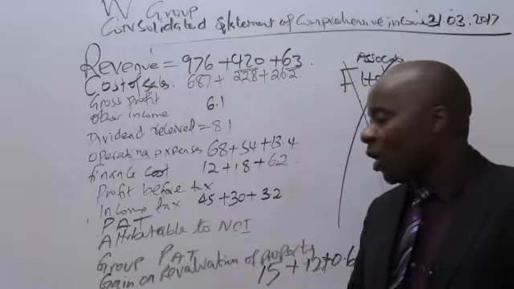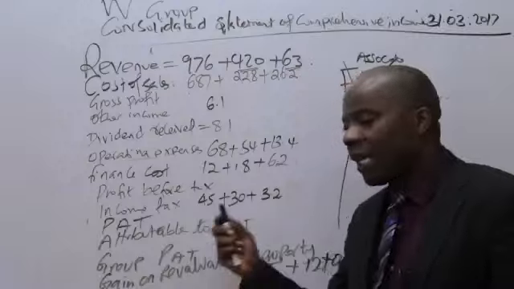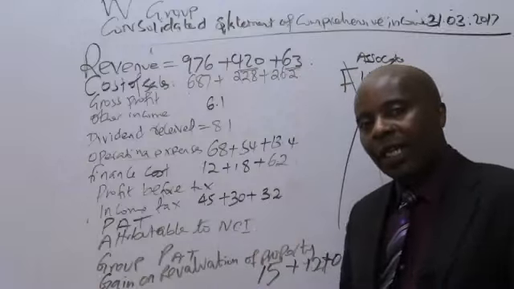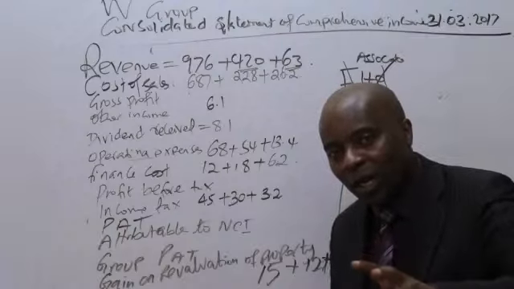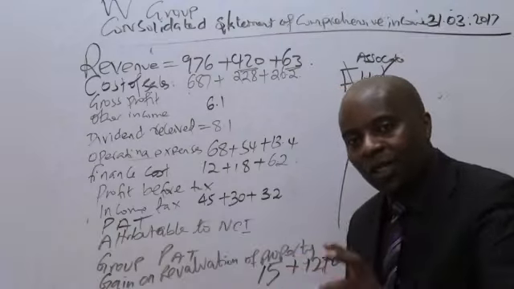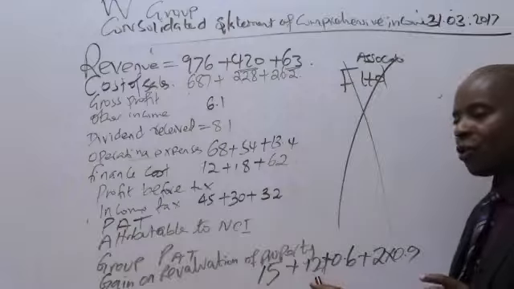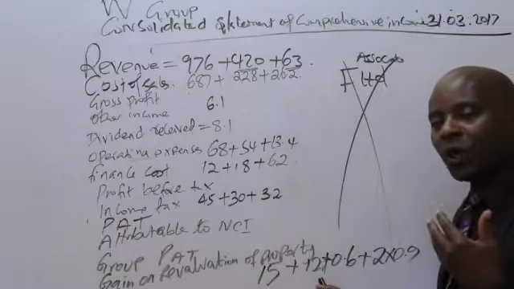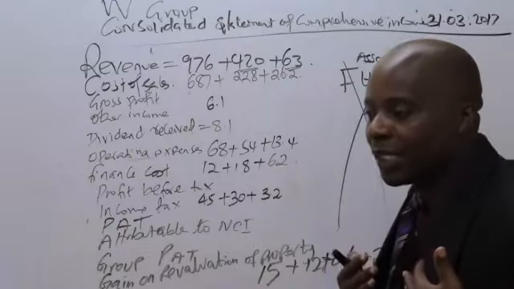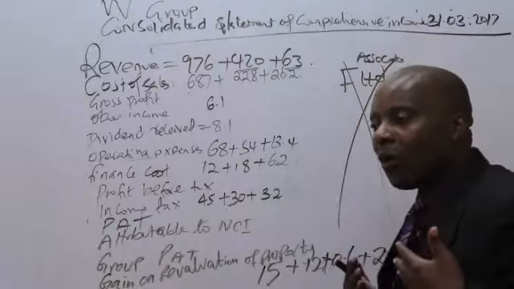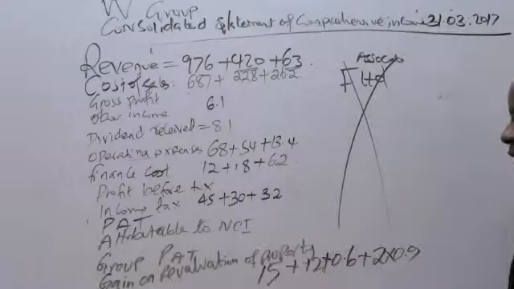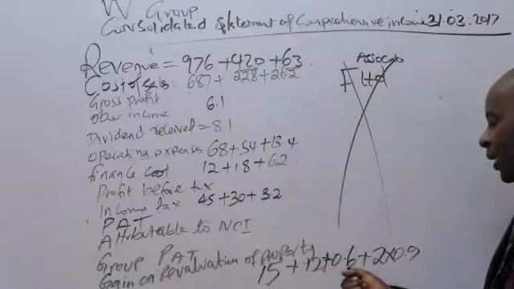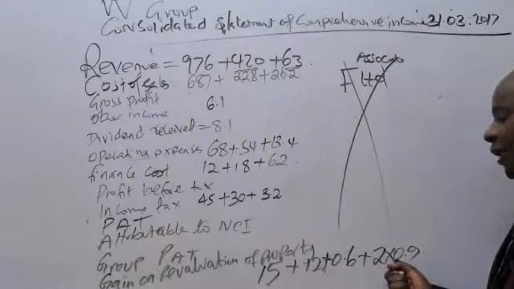Like now we have a revaluation gain. Take the parent figure the way it is; you don't apportion it at all. Plus the first subsidiary's figure, which is 12, but for the subsidiary we only recognize our percentage. So plus 12 times 60%, plus 2 times 90%.